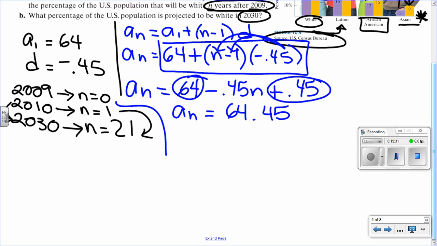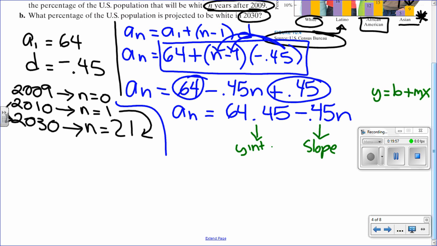And then we will have minus 0.45 times n. So that one looks more like a linear function, right? Think of that as the slope, the constant rate of change. mx plus b, as we put it in y equals, this will be like b plus mx, which is the same, right? Because addition is commutative. And this will be like the y-intercept. Okay, so that's the answer for part A.